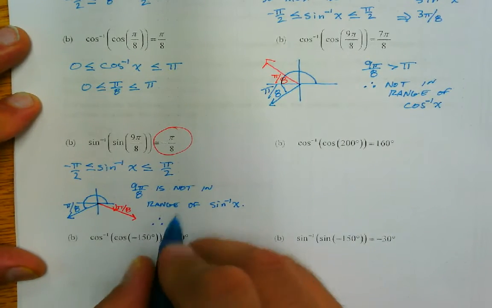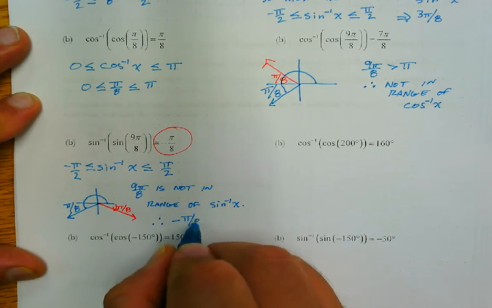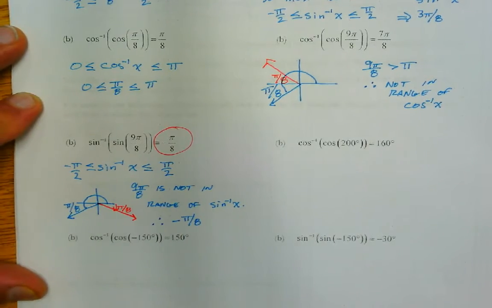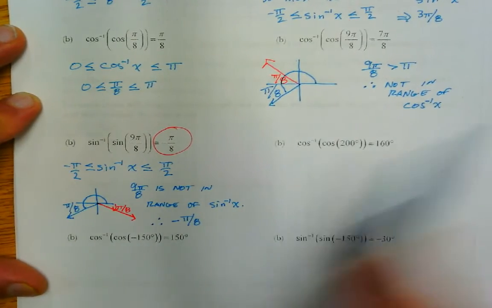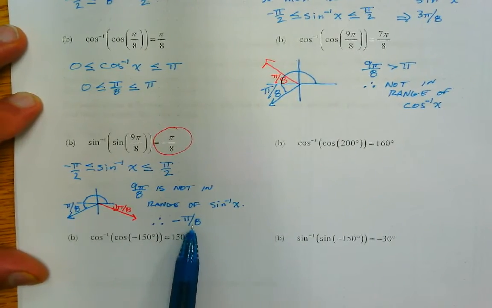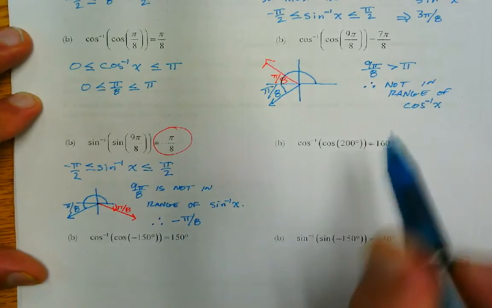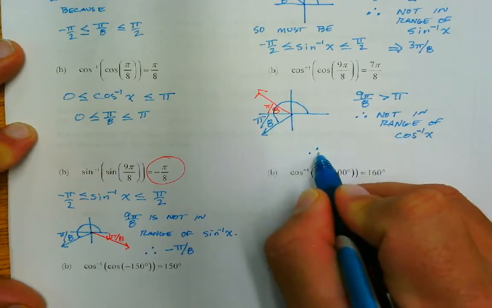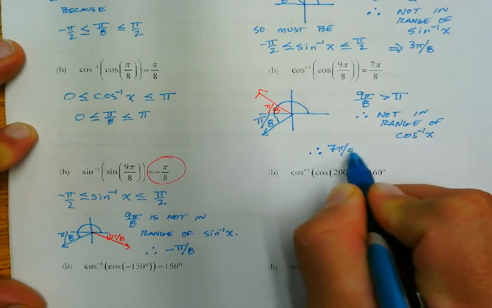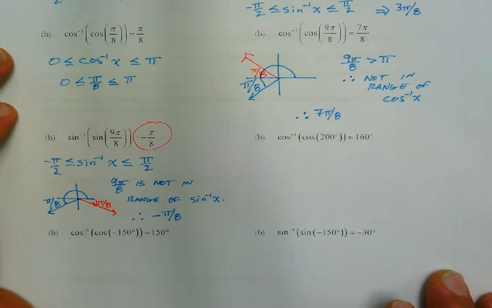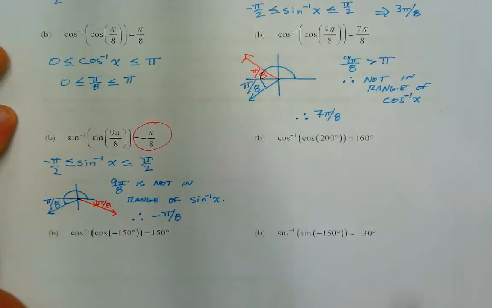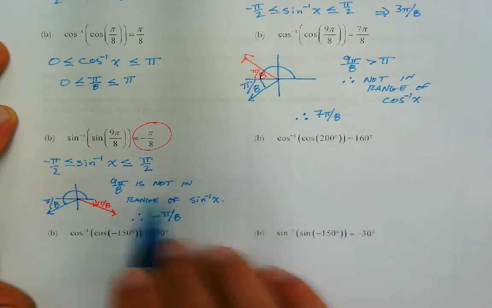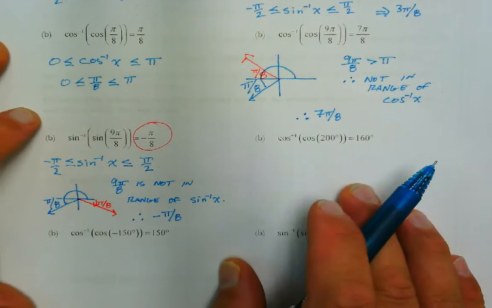So therefore, it has to be something that is in the range, which is negative pi over 8. And once again, up here for this one, we would have to have 7 pi over 8. We can do this work in degrees as well, and some people may find it easier one versus another, but we just need to be familiar with both.